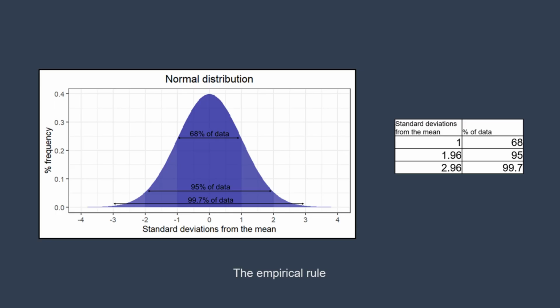If we have a normal distribution, then 68% of people will score within 1 standard deviation of the mean. 95% of people will score within 1.96 standard deviations of the mean, and 99.7% of people will score within 2.96 standard deviations of the mean.